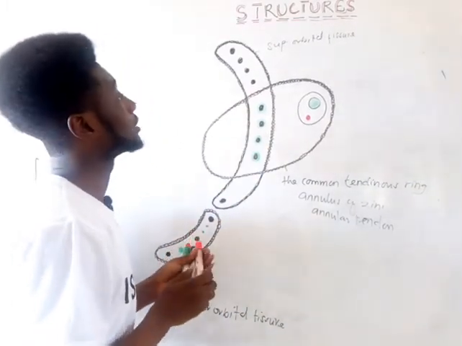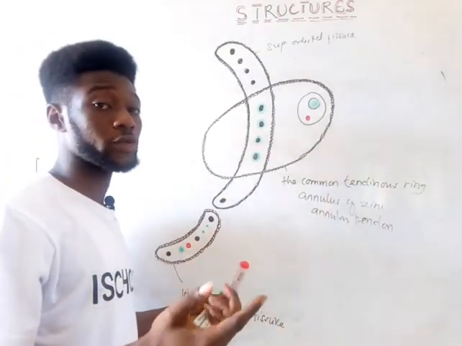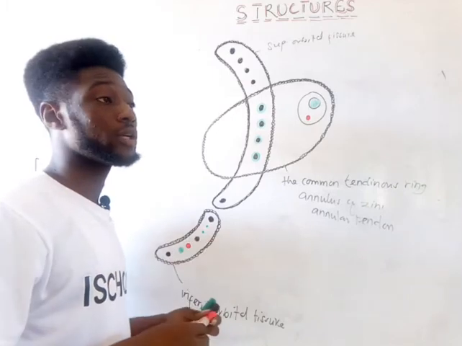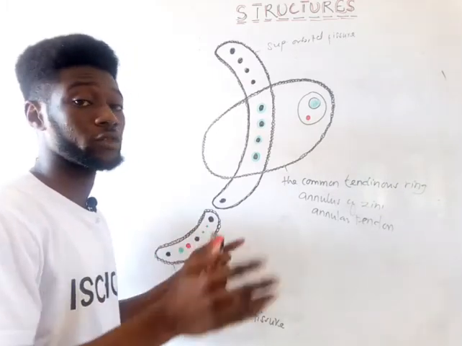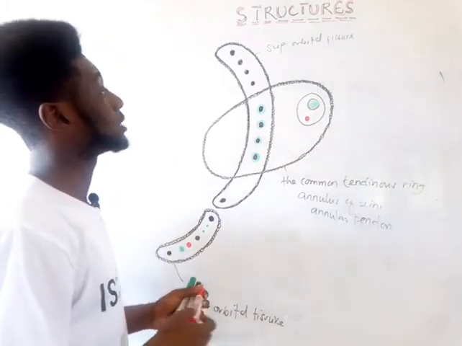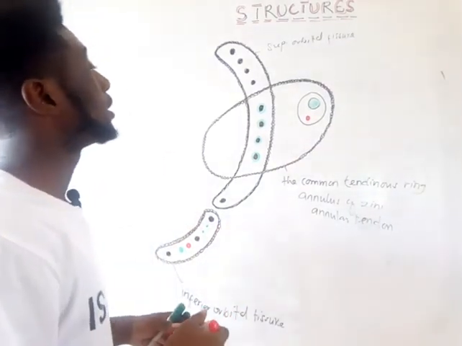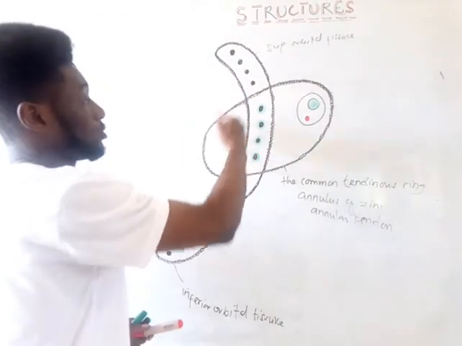Now, from the previous lecture, we talked about the bones of the orbit, the walls. That is where you can see these structures: the superior orbital fissure, the inferior orbital fissure, and the common tendinous ring.